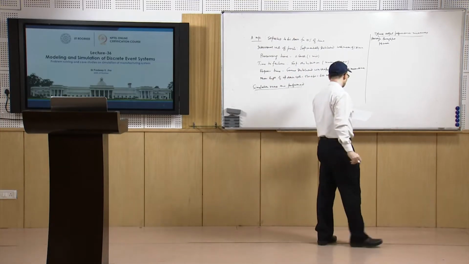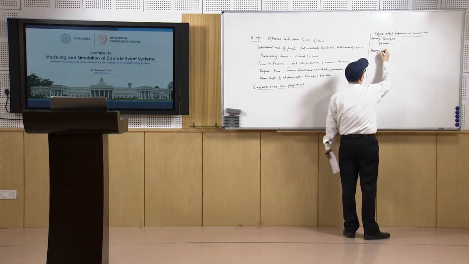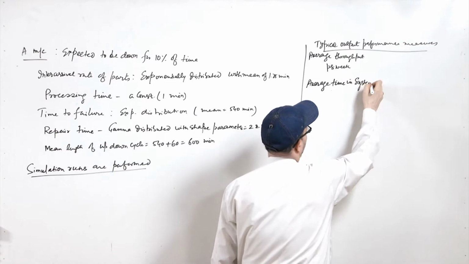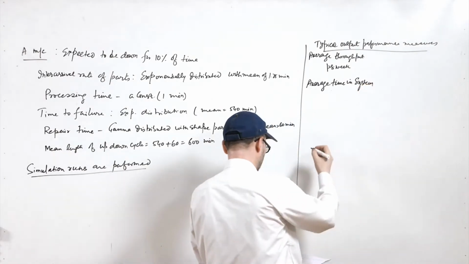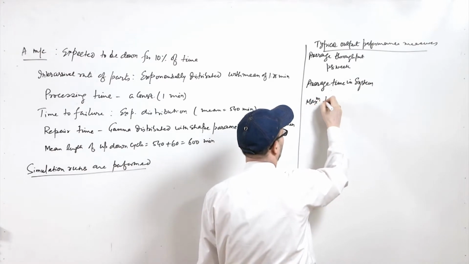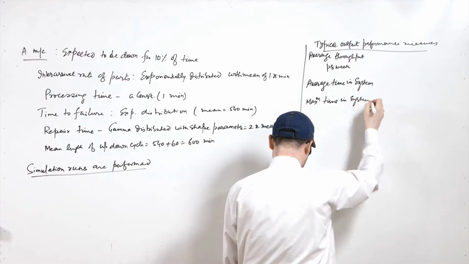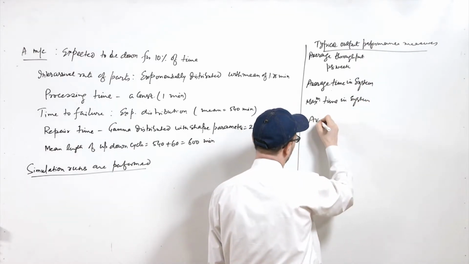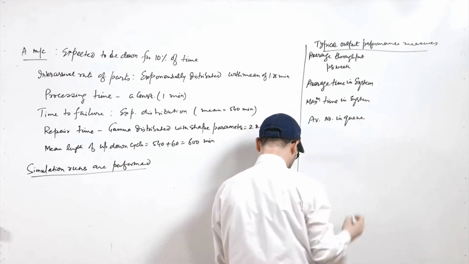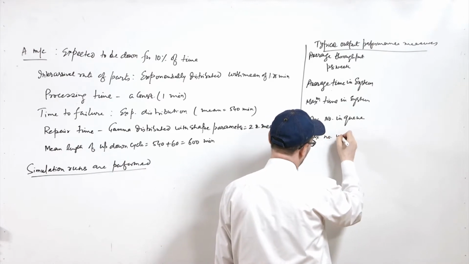Next will be average time in system, then maximum time in system, further average number in queue, and then maximum number in queue.